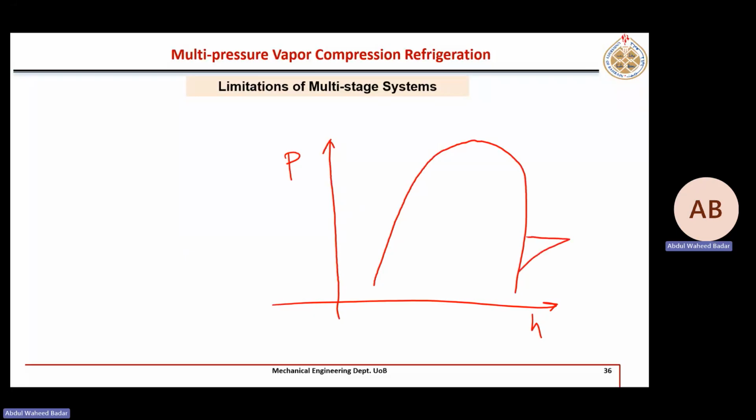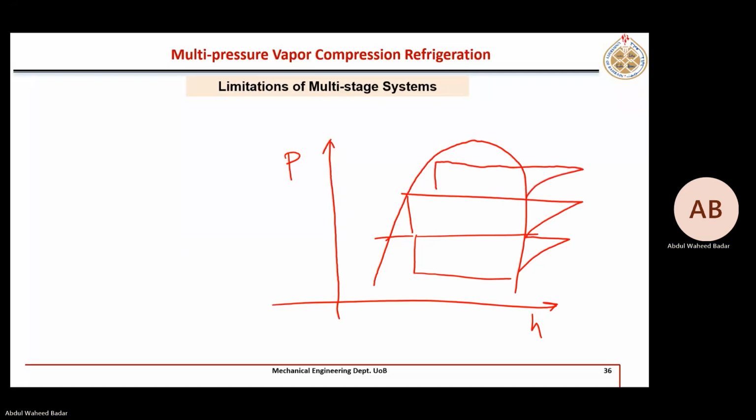So in all these systems which we have seen so far, single stage or multi-stage, the fluid was only one. But there is a certain limitation. Can we have another stage?